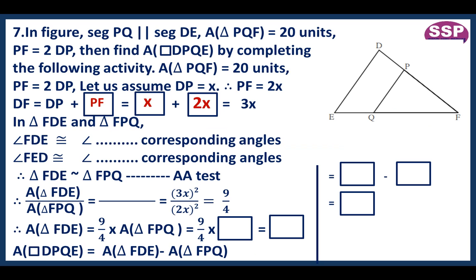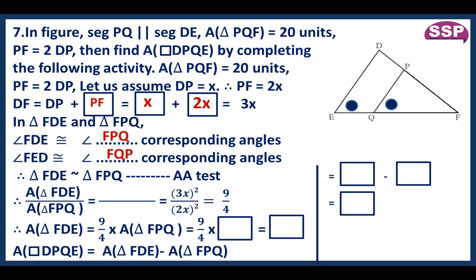In triangle FDE and triangle FPQ, angle FDE congruent angle FPQ, corresponding angles. Angle FED congruent angle FQP, these are also corresponding angles. Therefore, triangle FDE is similar to triangle FPQ by AA test.